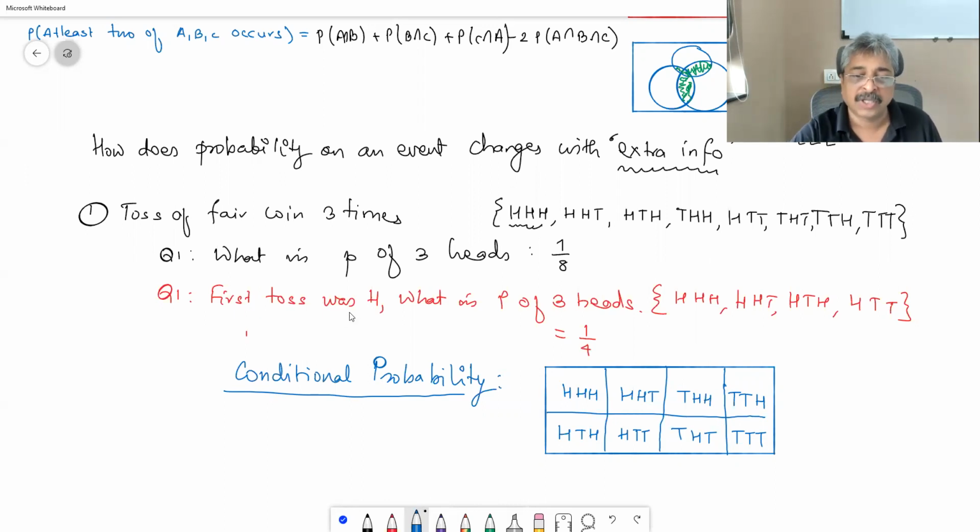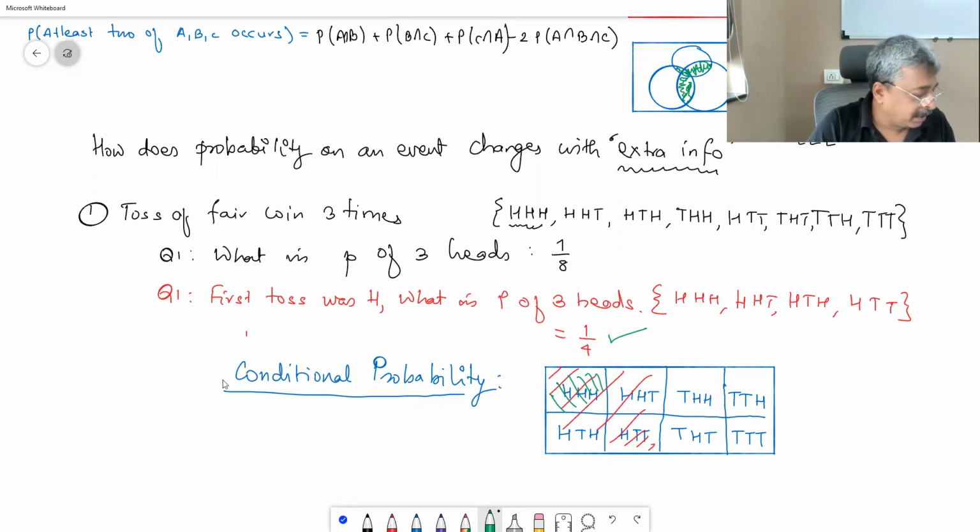However, first toss was head, that information is given to you. Now you are looking at only these 4, and the favorable is 1 out of 4, and therefore this is the conditional probability.